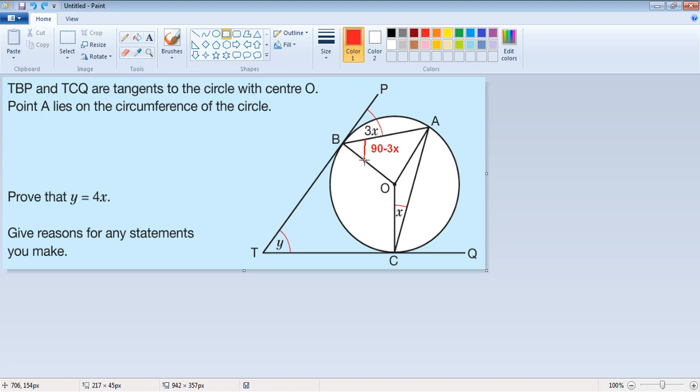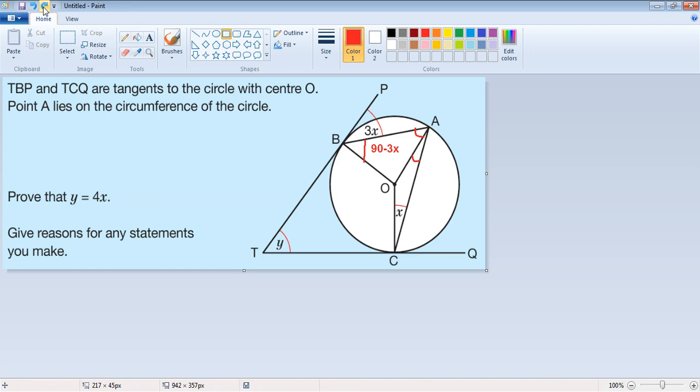Since from the center I'm creating this triangle, we can tell that this triangle is an isosceles triangle, and so you can tell that on the other side you have the same angle. The same is happening for the other triangle here. You have x on one side and you're gonna have x on the other side also.